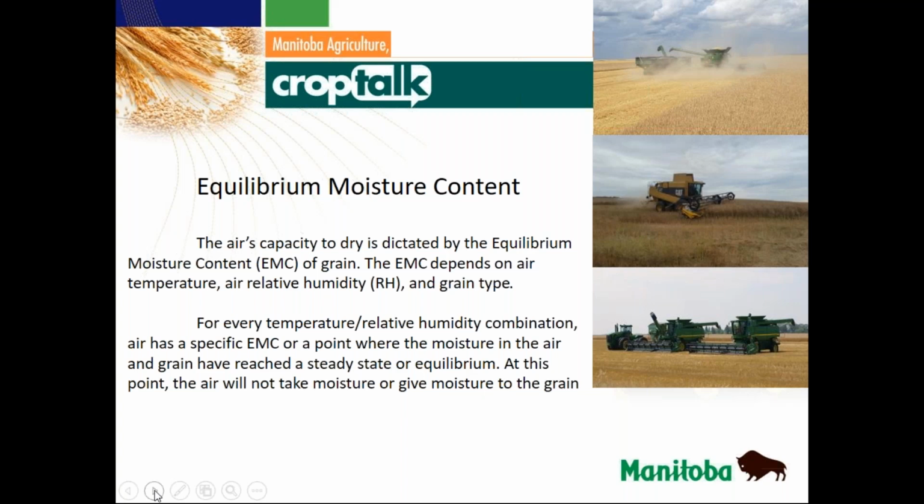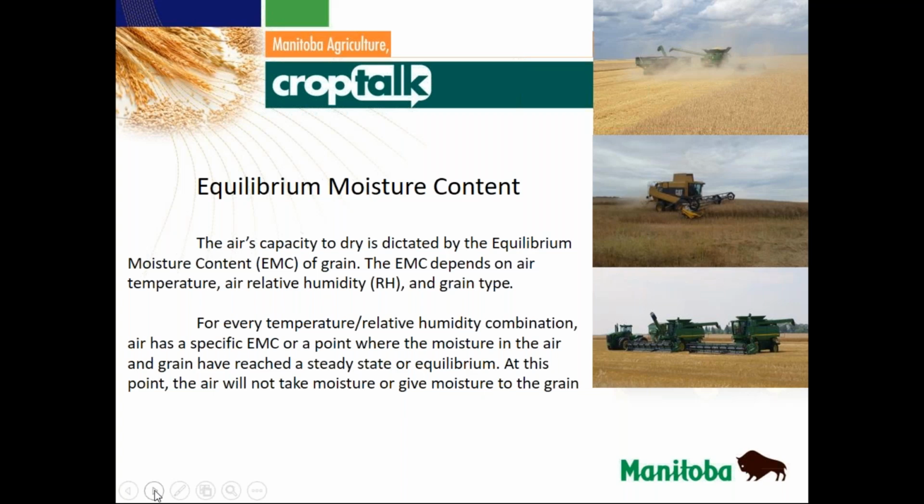At that point the moisture in the air and the grain reach a steady rate, and basically the air won't be taking any more moisture out of the grain or adding moisture to the grain. So it's formed an equilibrium, and it'll stay constant.